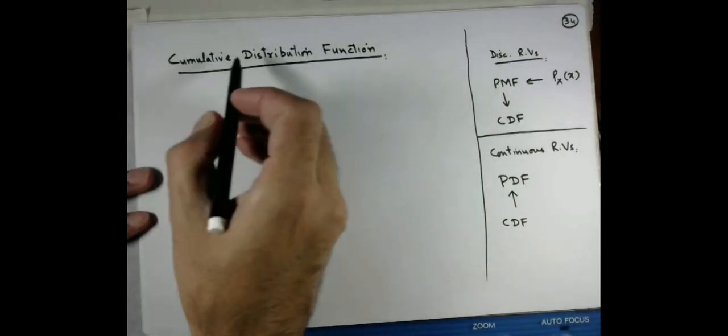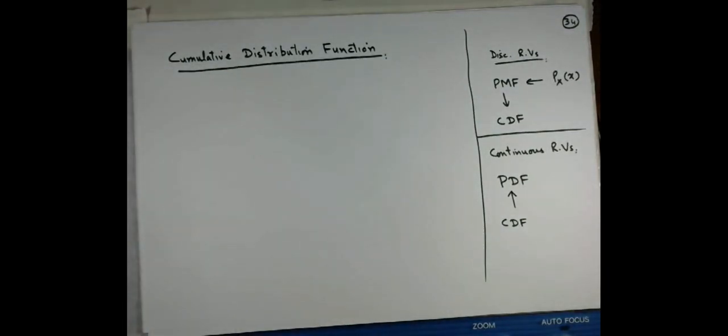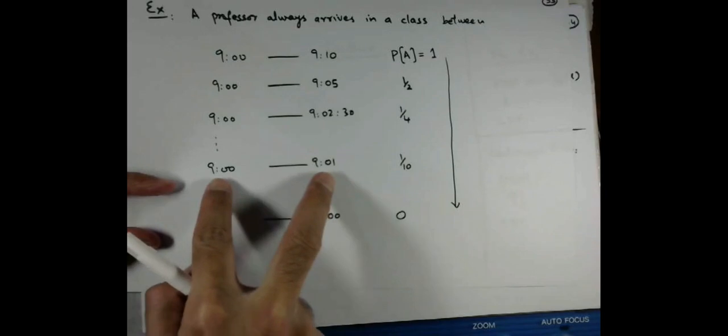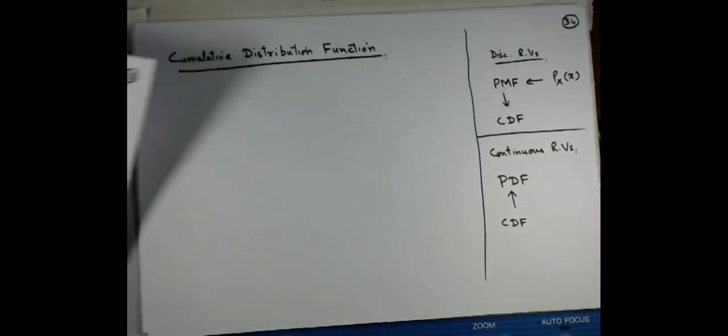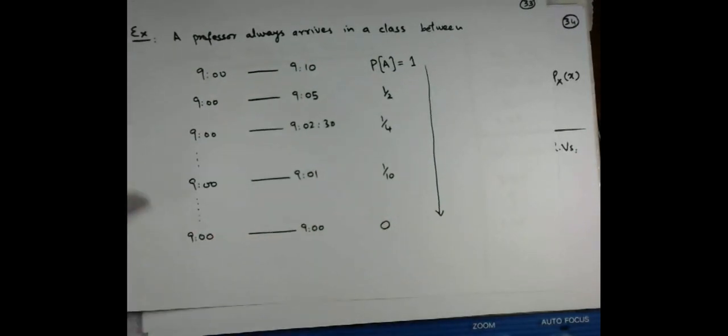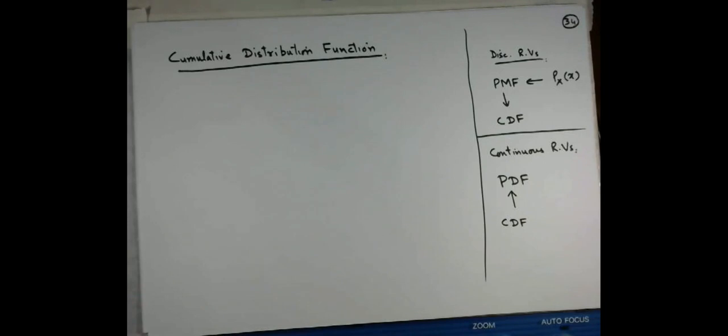The probabilities are cumulatively added up, cumulatively distributed, which means that you take the probability of an interval. Always remember, we'll talk in terms of intervals now, because we cannot imagine the probability of a particular point in a continuous random variable. We'll always think in terms of intervals only, and so the intervals can be described by integrals in continuous phenomena, and so we'll utilize the concept of integrals and intervals.